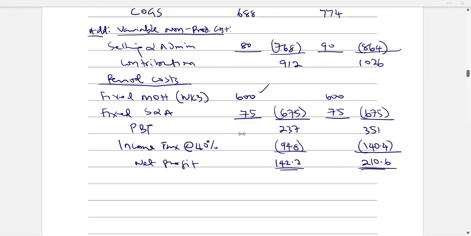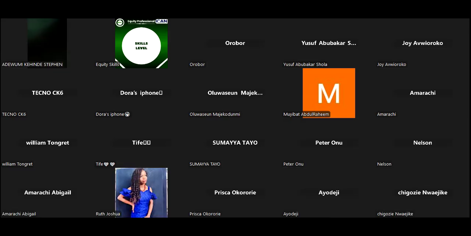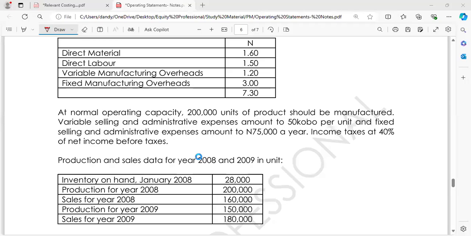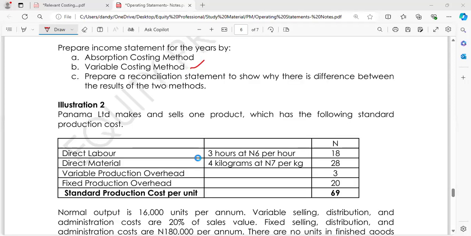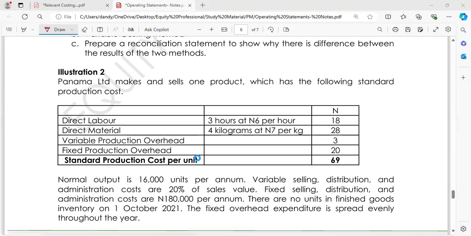No worry, I will share this solution with you as a PDF. Thank you. You're welcome. Let's go to the final question. Let me know if you can see my screen, please. Yes, sir.